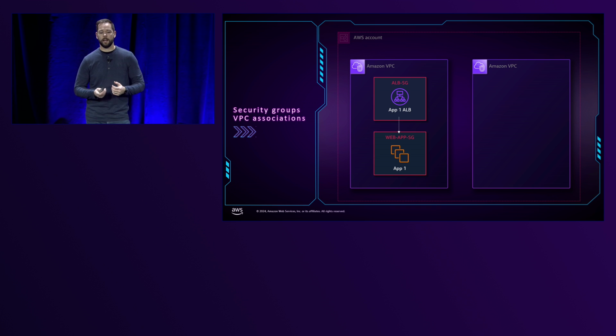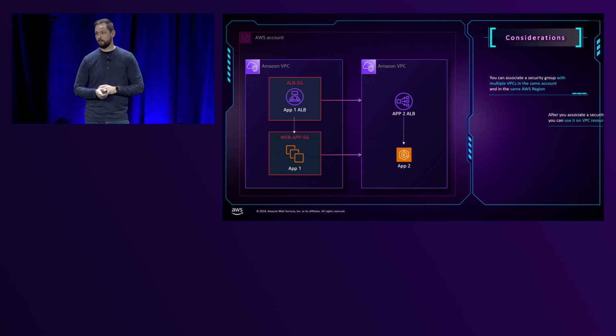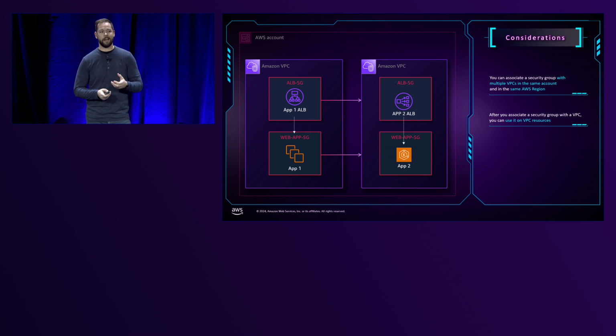That's kind of a pain. So here, you can actually associate, not reference, we'll come to referencing later, you can associate security groups with entities in different VPCs. So the security group is really now an account level construct. And you can only associate non-default security groups across your VPCs as well.